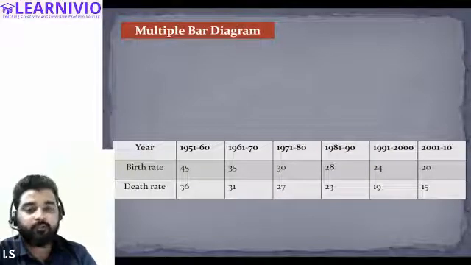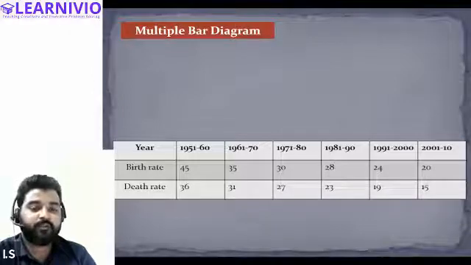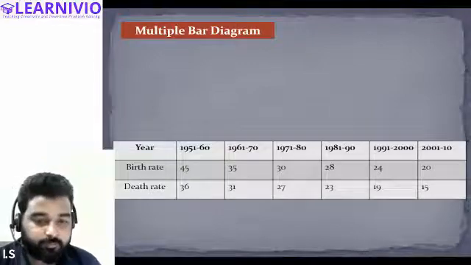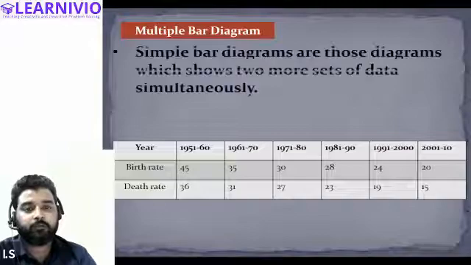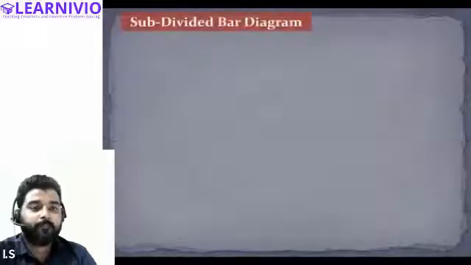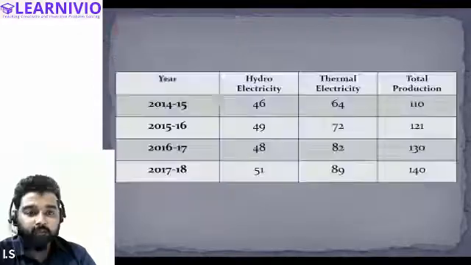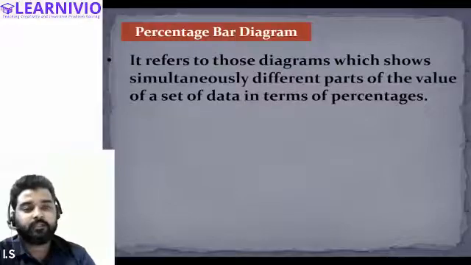For example, there are various years given in the question, and you have two data to be presented on the diagram, that is birth rate and death rate. Then in this case, we use the multiple bar diagram. Other than this, we have also discussed the subdivided bar diagram, and we have also covered the percentage bar diagram.